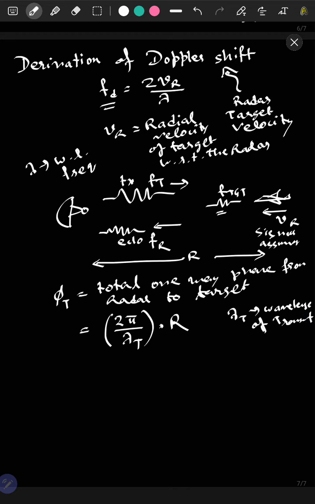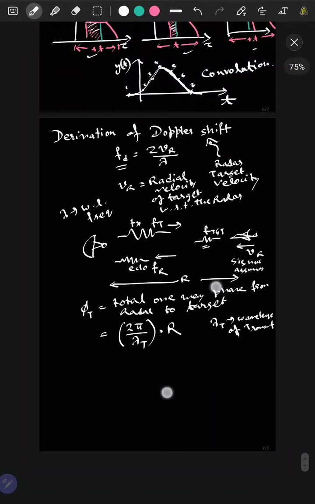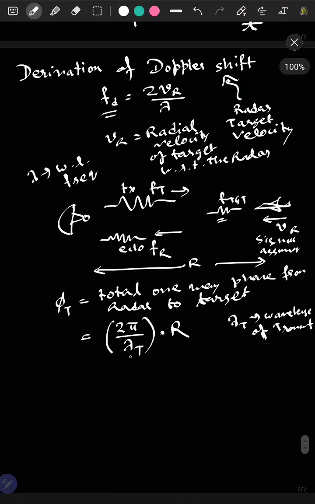Why this? Because when we traverse a wavelength lambda t, we traverse 2 pi phase. So 2 pi by lambda t into r would be the total one-way phase from radar to target.